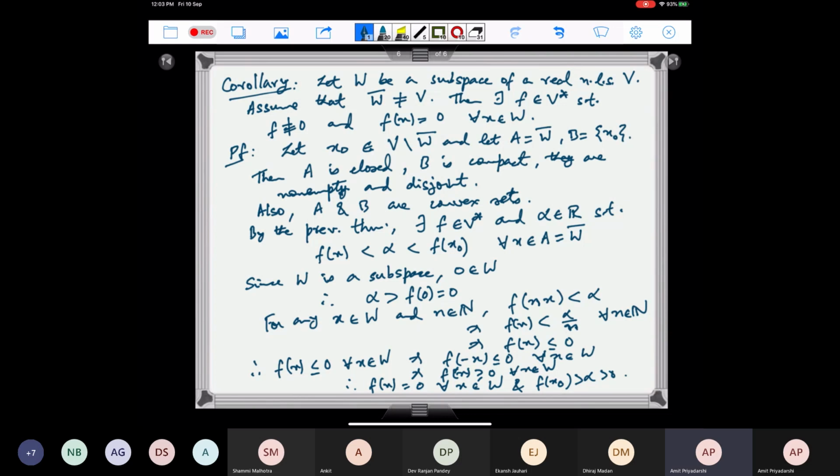For that we will need the Baire category theorem, which I hope you must have seen in your real analysis course. So I'll recall the Baire category theorem. If needed, I can do the proof also, but I hope you would have seen it before. That Baire category theorem will be very useful for the next few theorems that we will learn.